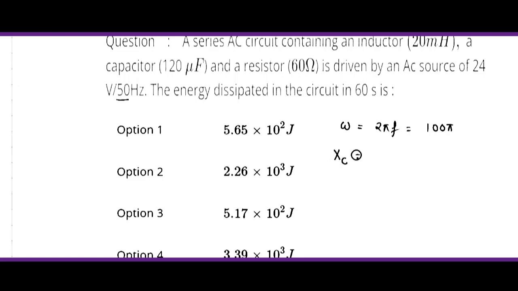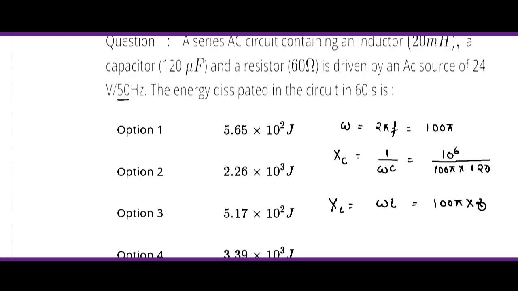If I write down the XC, it will be 1 upon omega C. And XL I will write down, it is omega L.